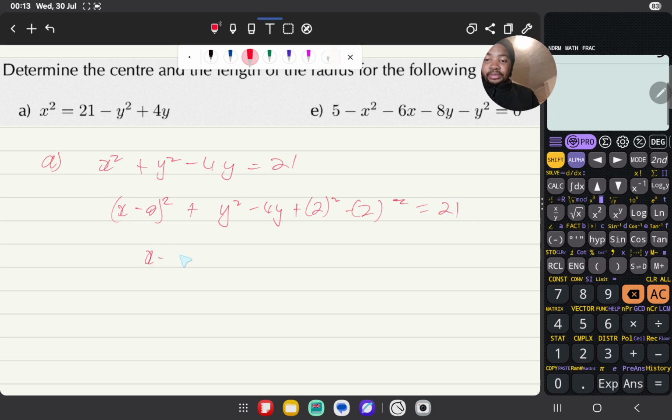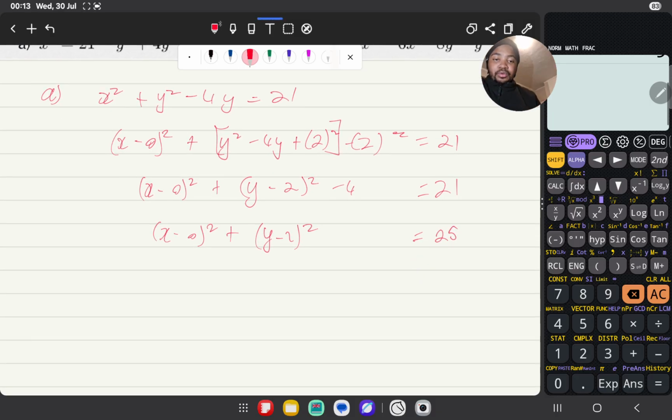And I'm going to have (x minus 0) squared plus, remember now I group the first 3, and that means I'm going to have (y minus 2) squared minus 4, 21, and then (x minus 0) squared plus (y minus 2) squared equals 21 plus 4, which is 25.